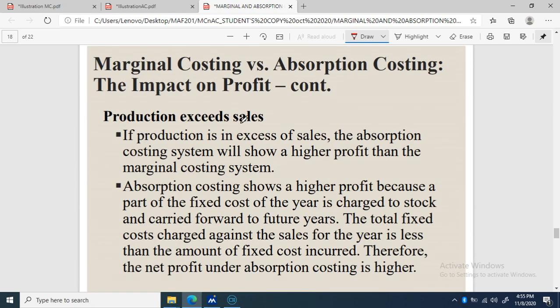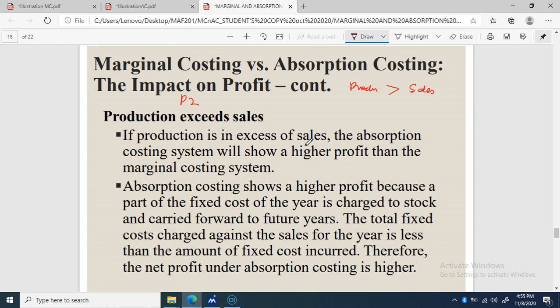Now we refer to the second situation. Production exceeds sales. If we refer to the illustration just now, this is under period 2. Examples for period 2: when production is more than sales. 9,000 production, sales is only 8,000.